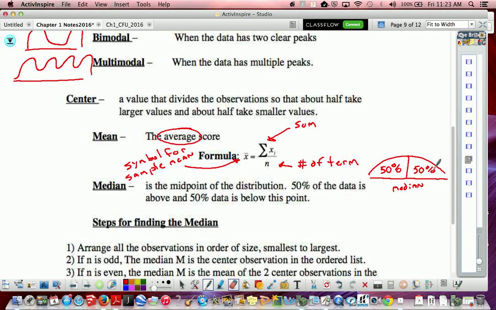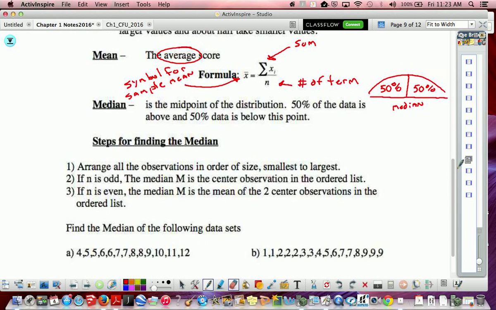Your calculator will calculate your mean for you also, but I do like to show you how you calculate the mean by hand, because when you have a small set of data, sometimes it's easier just to go and boom, find it. What's that? Median. Did I say mean? My apologies to the video. Median, again, is what we're talking about here, that middle data point. It divides the data into two equal pieces, and we'll show you how to find your median.